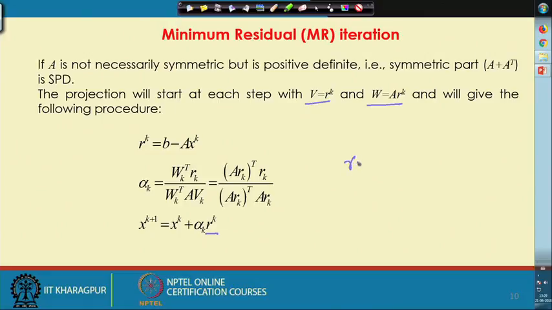We have also made clear that R k plus 1 is perpendicular to W, or A R k transpose R k plus 1 is equal to 0. From there we found what alpha k is and designed the method.